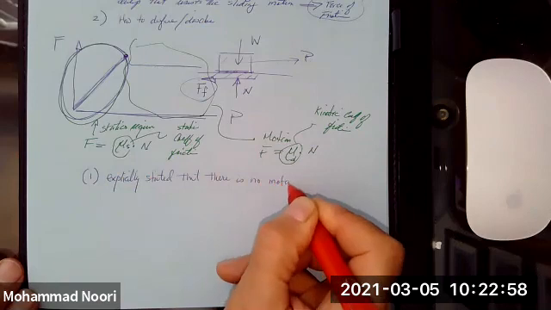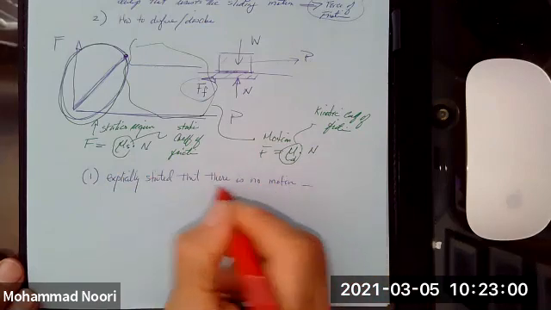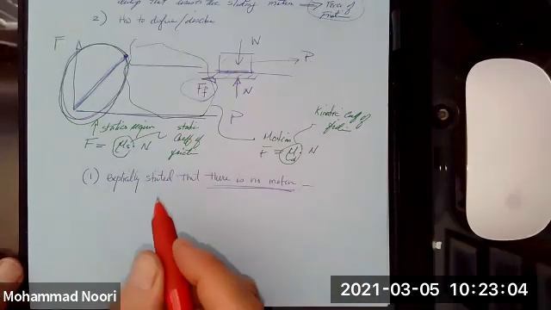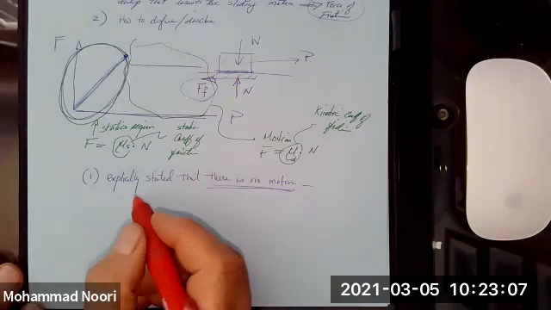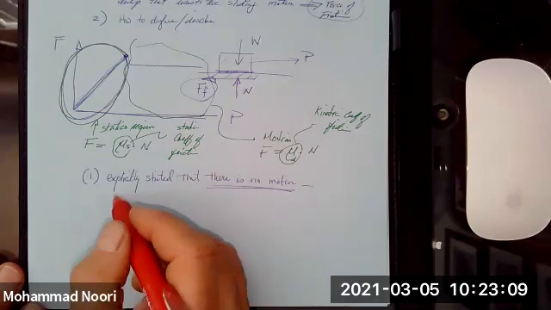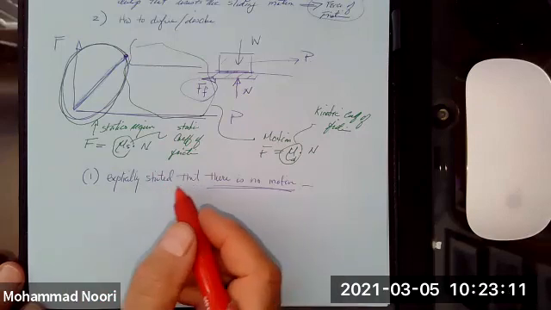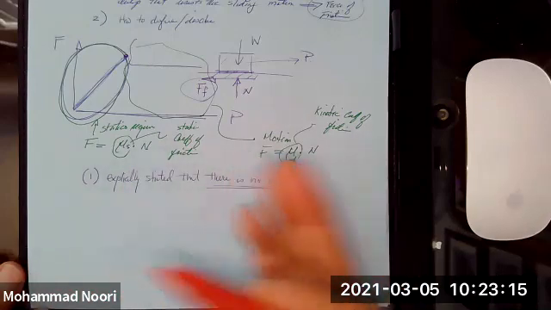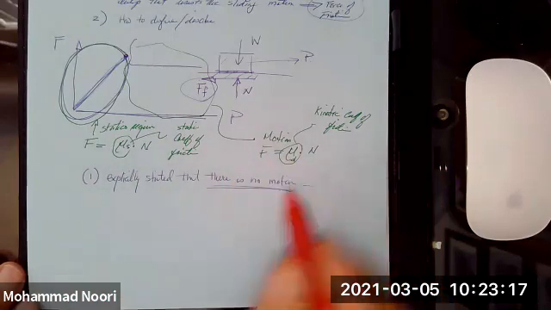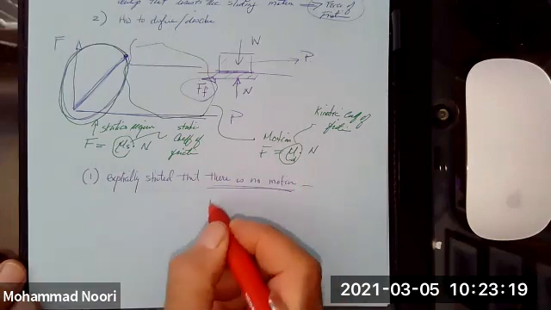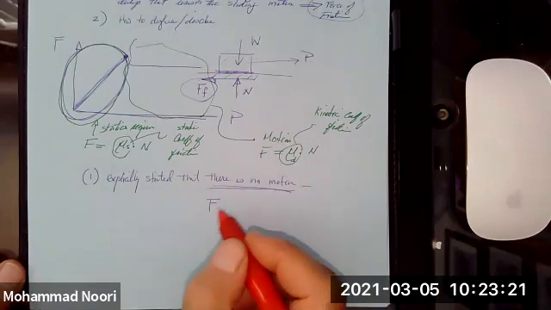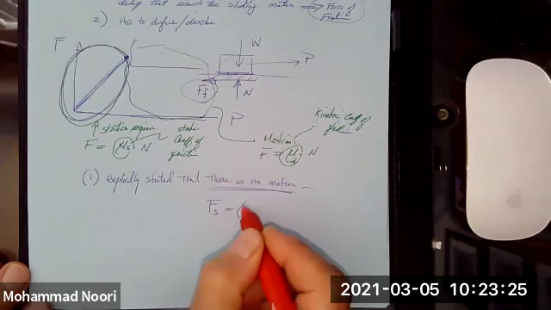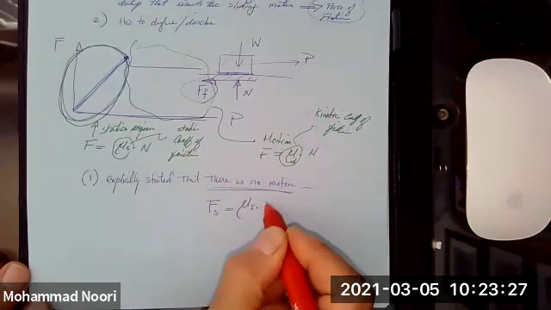Of course, this statement may not come as explicit as that. You may say, okay, for instance, we don't want the object to move, or should the equilibrium exist, find such and such values, okay? When this is the case, the maximum value that this force of static friction takes is mu s times N.